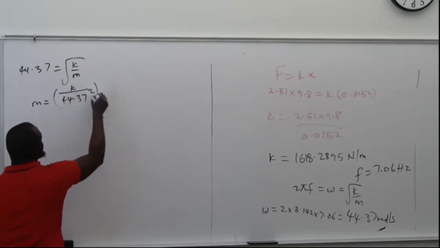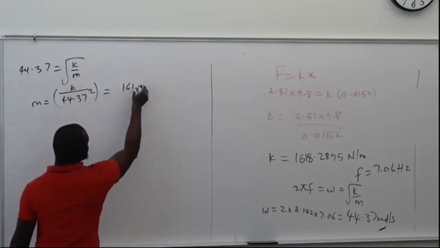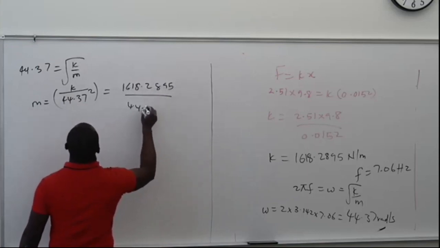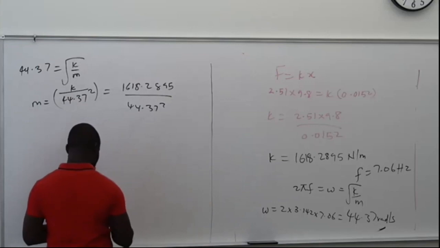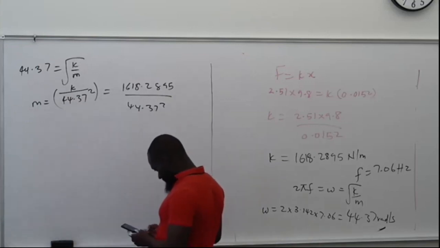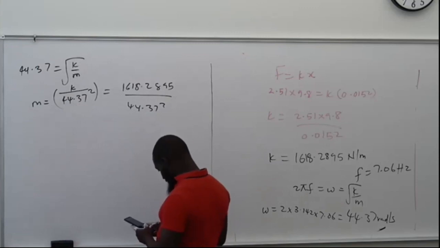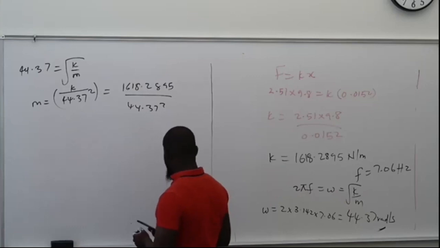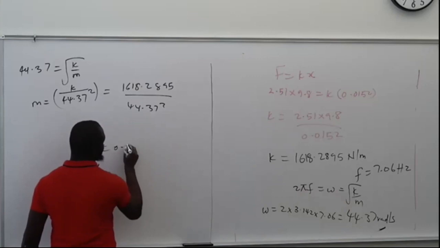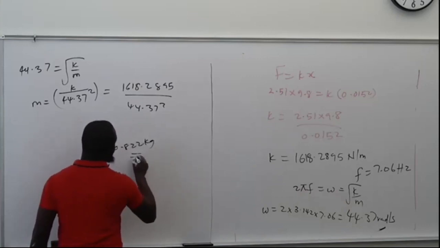So K is 1618.2895 divided by 44.37 squared. We do that and get 0.822 kilograms.